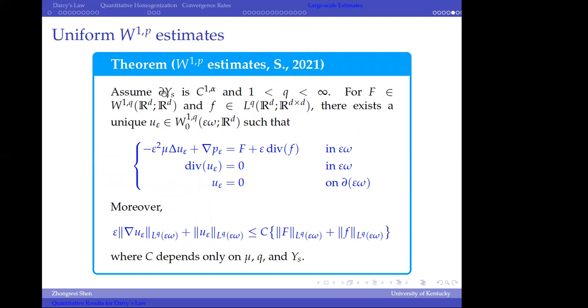So we're assuming the boundary of the obstacle is C1 alpha. Because p is used, I'm going to use q. So q between 1 and infinity. We take F in L^q. This is a typo; capital F is in L^q, I believe.